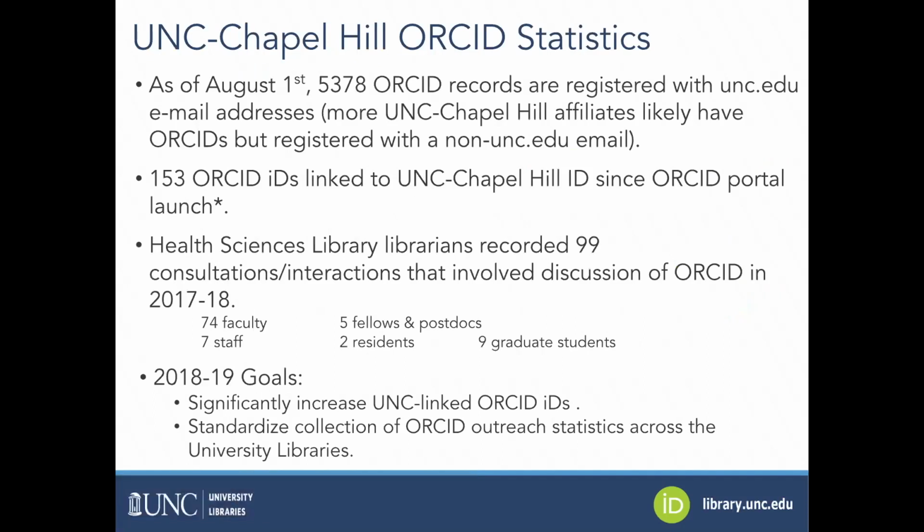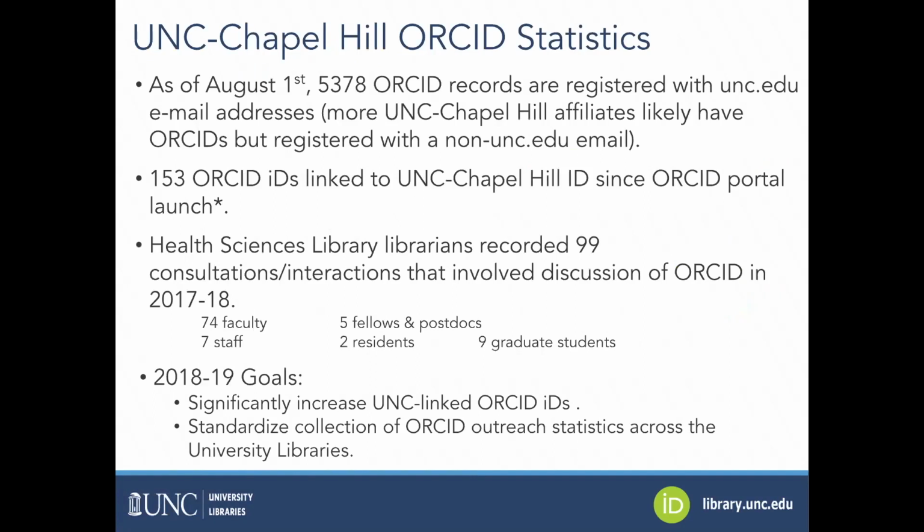These are some statistics that we have so far. We have not done as much outreach as we'd anticipated. We've had an understaffing situation, but we're coming back from that, and we're also looking at how to standardize how we gather stats about ORCID outreach across the libraries.